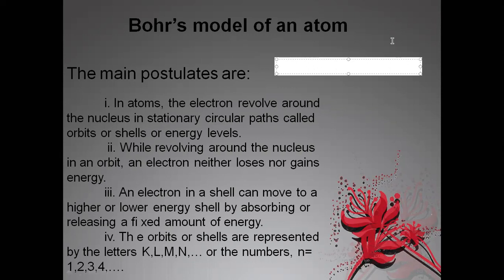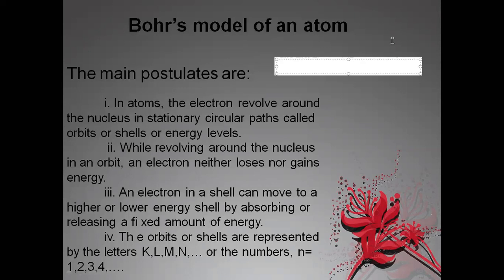This was a major flaw in the Rutherford model, as it suggested that atoms were unstable. So Bohr's postulate corrects this. It said that electrons don't emit energy when they revolve in the same shell. However, electrons can release energy in certain conditions.